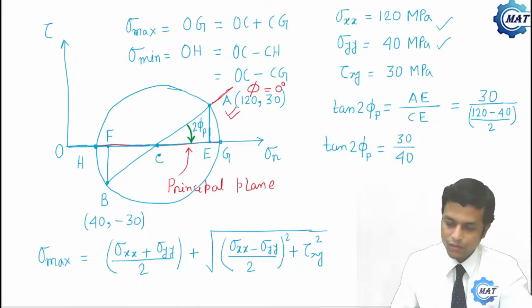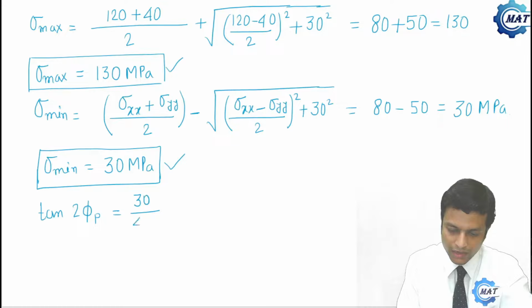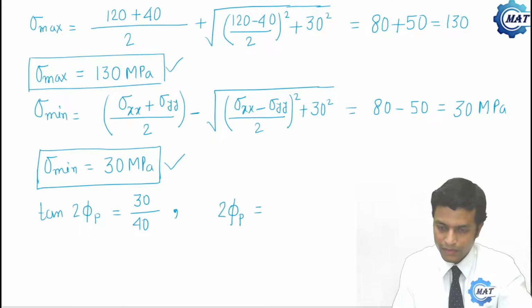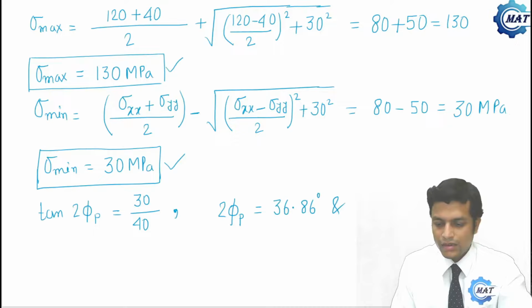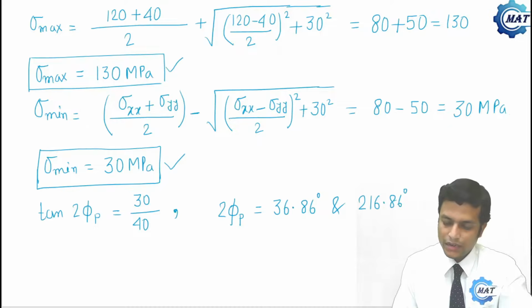Let us move to the next page. We'll calculate there. Tan 2 phi p is 30 by 40, that is 3 by 4. From this, 2 phi p is 36.86 degree, and 180 degree plus 36.86, that is 216.86 degree. We are taking two values.